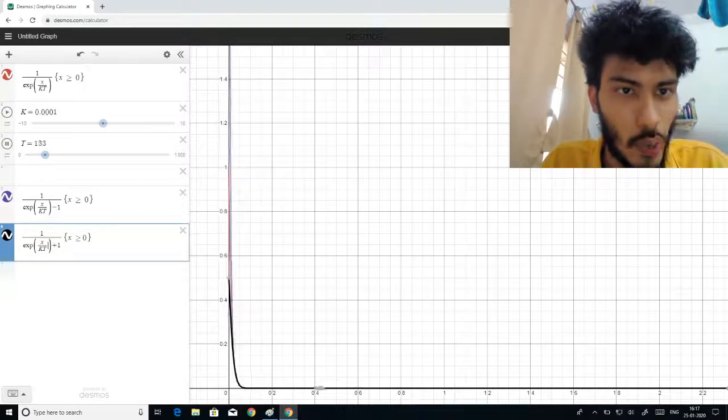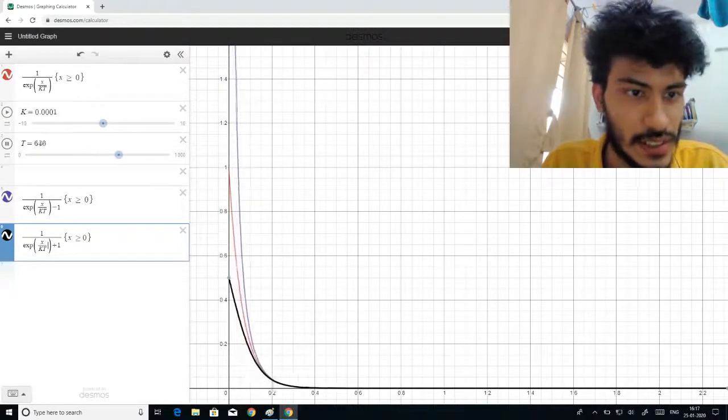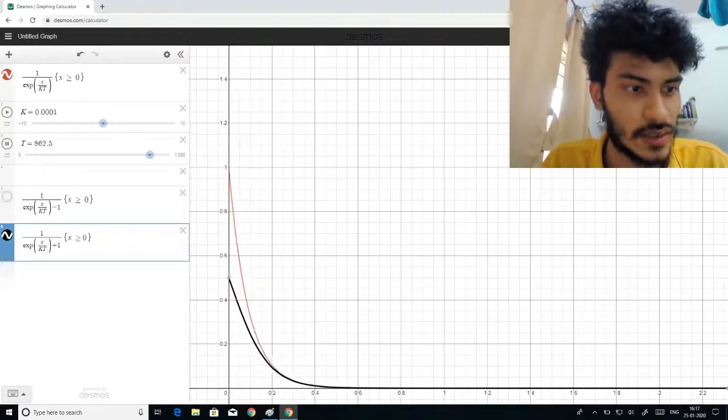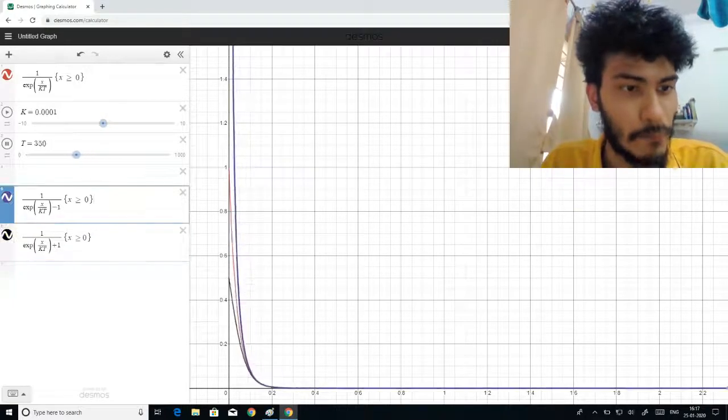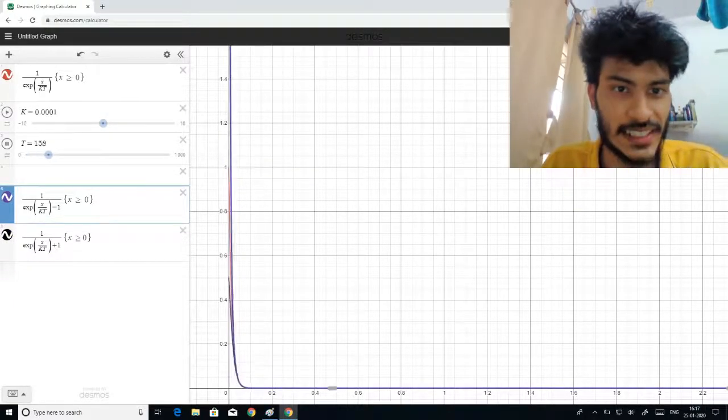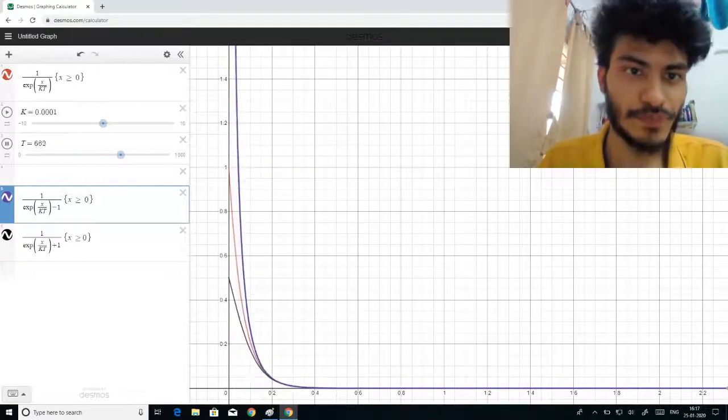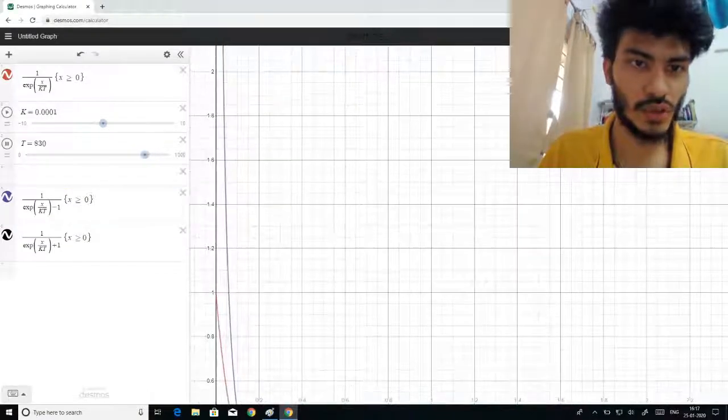So now one interesting observation is for the bosons, or the particles that follow Bose-Einstein statistics. You can see that the curve doesn't touch the y-axis.